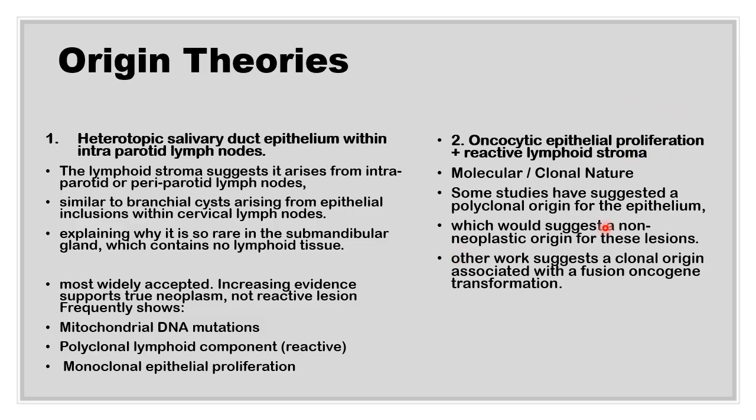But of course, this is challenged by further studies that suggest the clonal origin is associated with a fusion of an oncogene transformation. So the heterotopic salivary duct epithelium within intraparotid lymph nodes remains the most accepted theory.